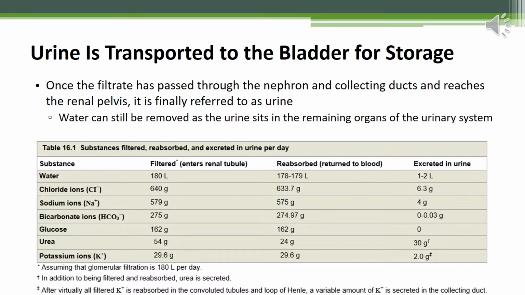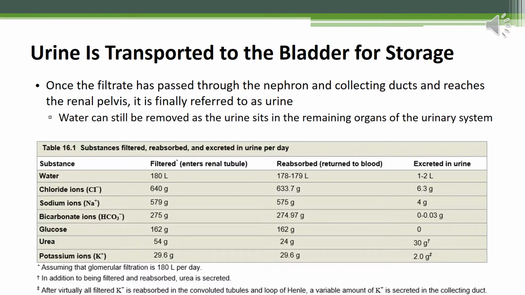So, by way of the ureters, urine is transported to the urinary bladder for storage. Once the filtrate has passed through the nephron and the collecting ducts and reaches the renal pelvis, it is at this point that it is finally referred to as urine. And I'm going to retract what I said in a previous slide just because of this sentence.